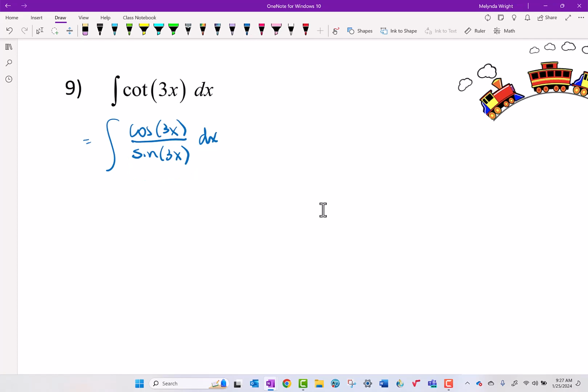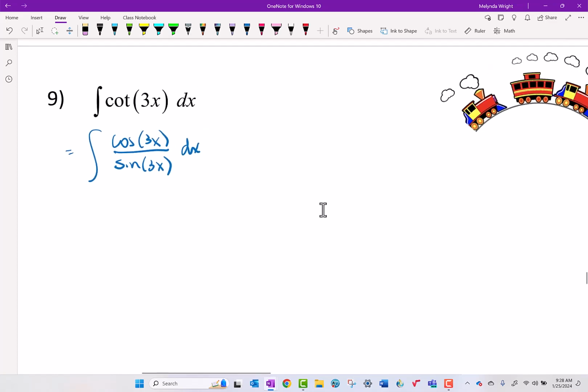I'm going to say that again because this sometimes escapes us. The derivative has to exist perfectly. If I made u cosine 3x, du would be negative 3 sine 3x. And this is not sine. This is 1 over sine.